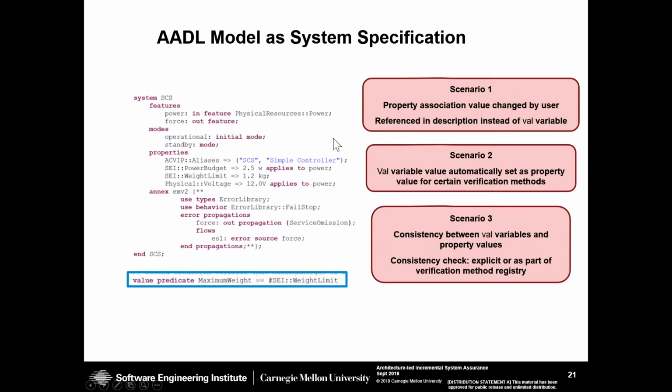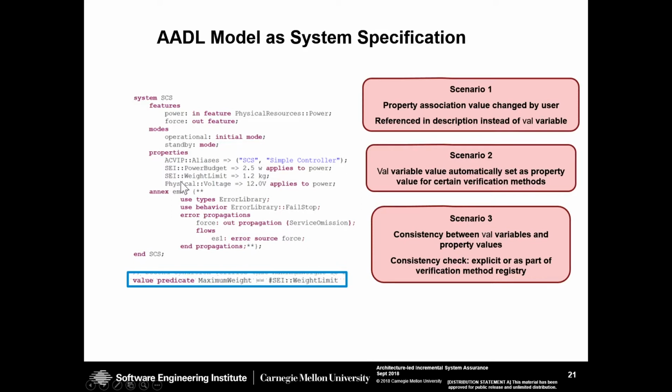One of the things that we run into when we do requirement specification, and you have already used AADL, you tend to have reflected certain requirements as properties. Like, for example, what's the weight limit, or what's the power budget, or what's the expected end-to-end latency. So you could have those.